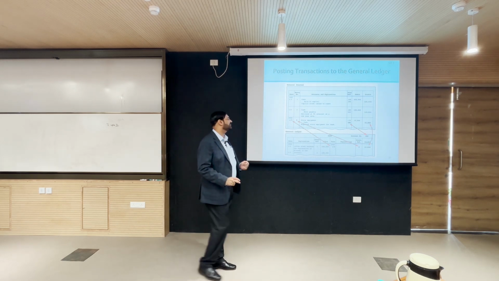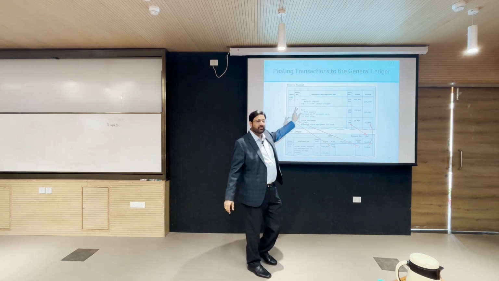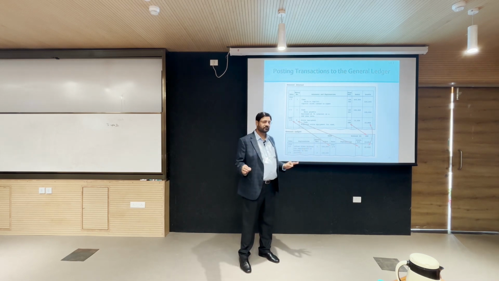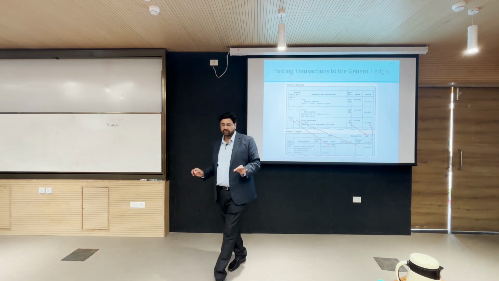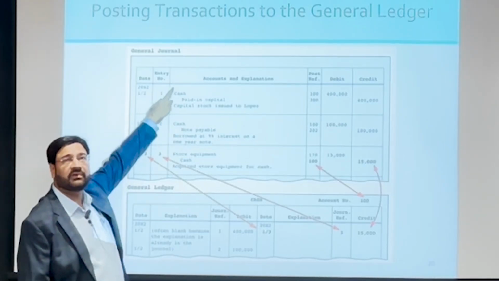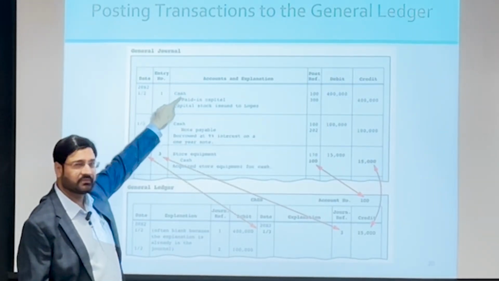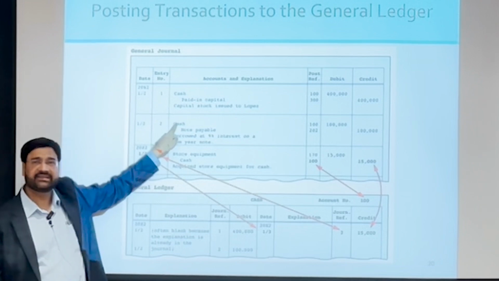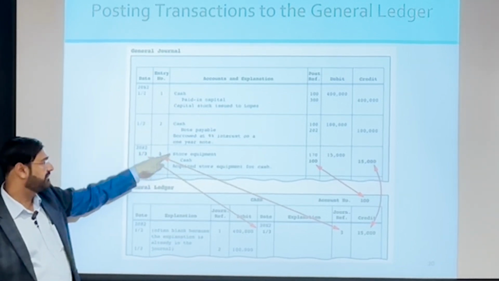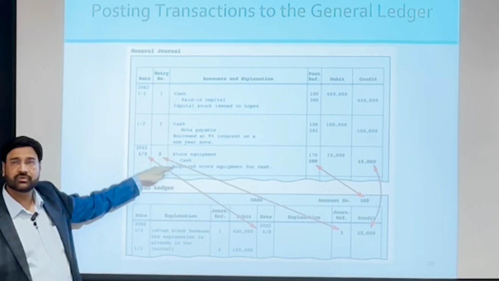By the way, did you notice one thing? We have taken 3 examples till now. First, asset up, equity up. Second, asset up, liability up. Third, one asset up, another asset down.